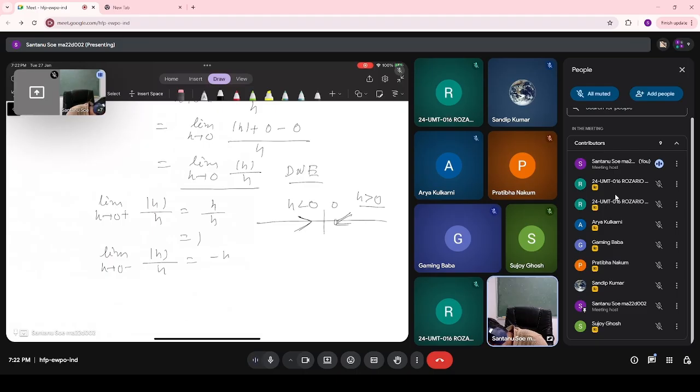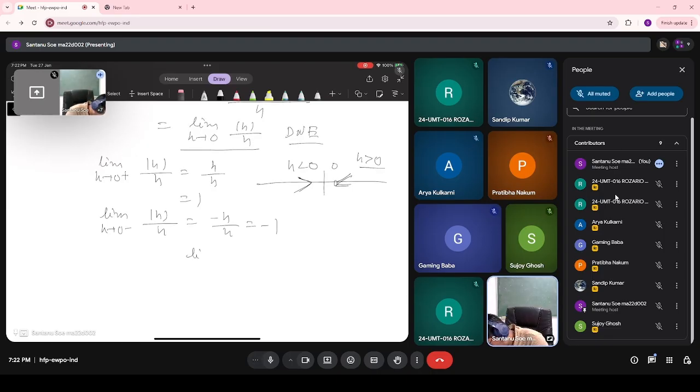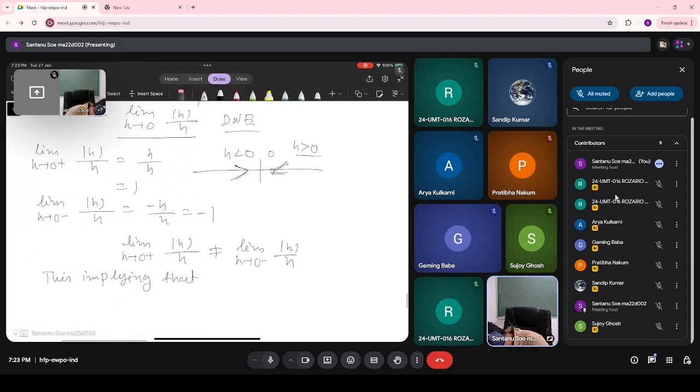So it will be minus h by h, and it will be minus 1. Correct? So that means limit h tends to 0 plus of mod h by h is not equal to limit h tends to 0 minus of mod h by h. This implies that limit h tends to 0 of mod h by h does not exist.